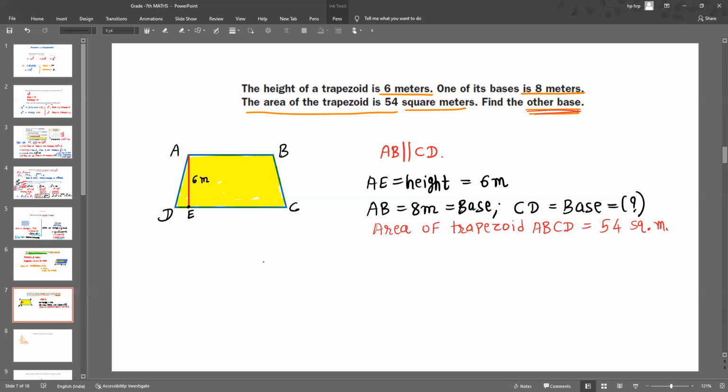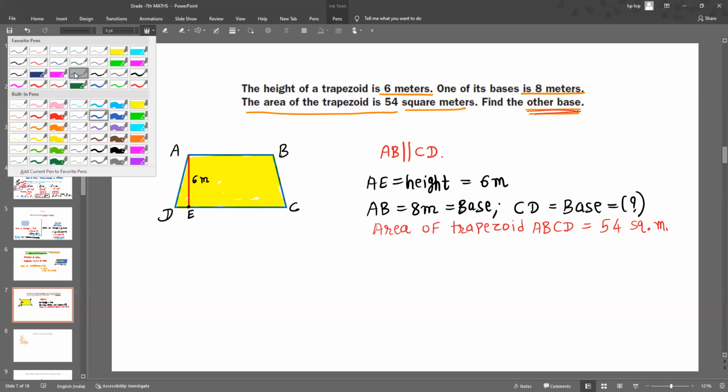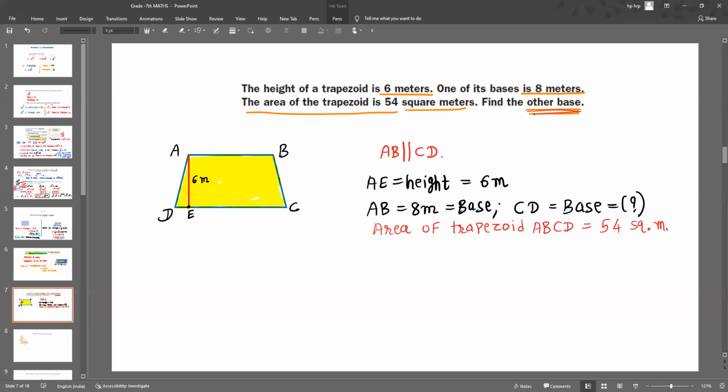So how can we find it? We have one formula to find the area of a trapezoid, and we have to use that formula to find the base. So what is the formula? Here I can write down the formula for any trapezoid. Okay, so area of trapezoid is equal to what?